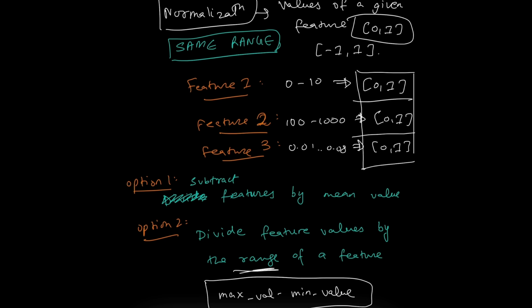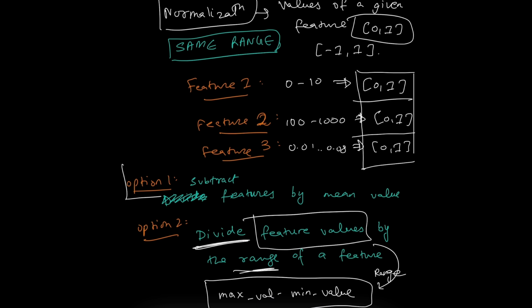You get the range by subtracting the min value from the max value, and then you can divide all features by this range, and that will give you all values between 0 to 1. Or you can also choose option 1, where you take the mean and then subtract it from all features.